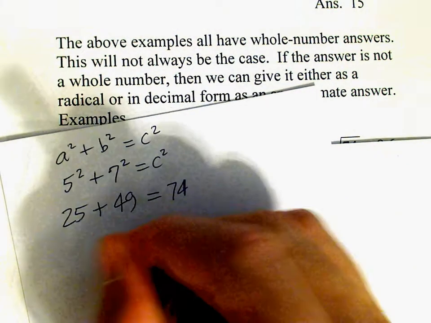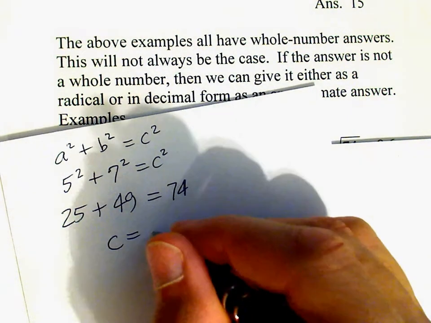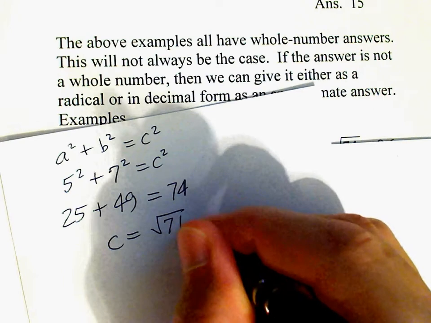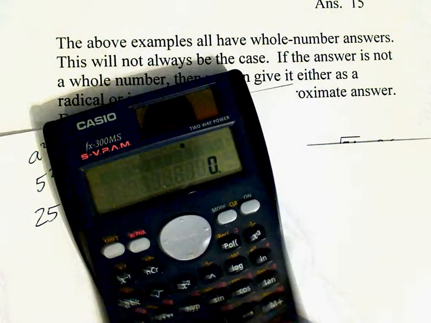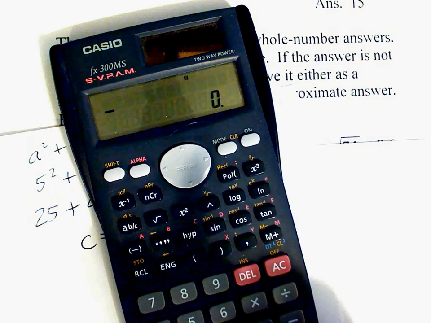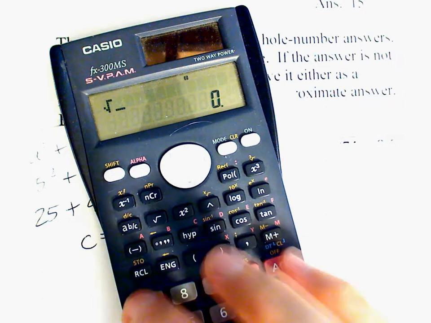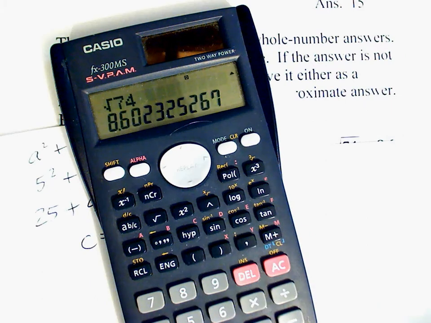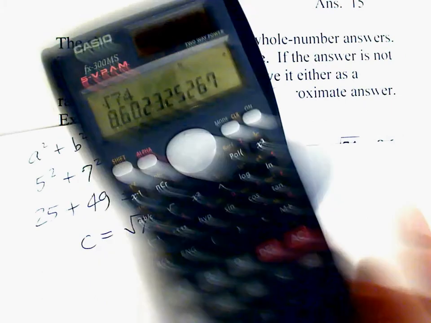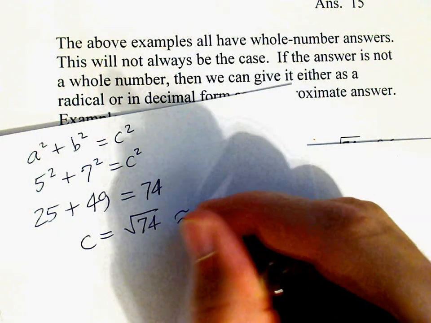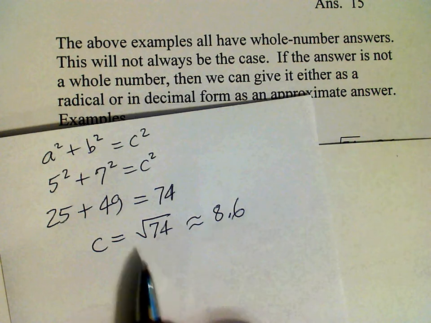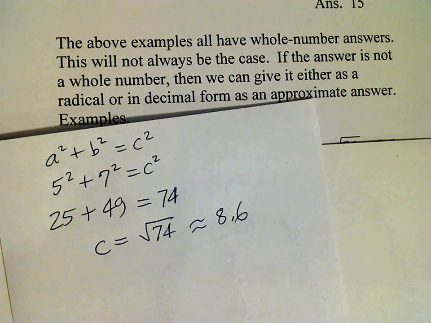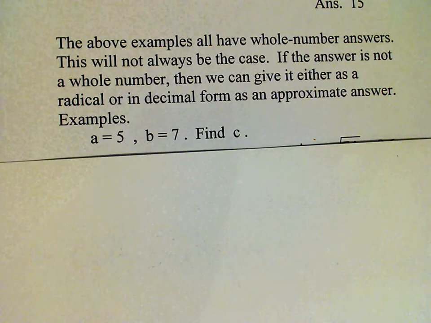Well, 74 is not a perfect square, so that means c is equal to root 74. And if we want an approximation, we have to go back to our calculator. Square root of 74. And the answer is approximately 8.6. So we can leave our answer in either of these two forms, and usually either one is acceptable.